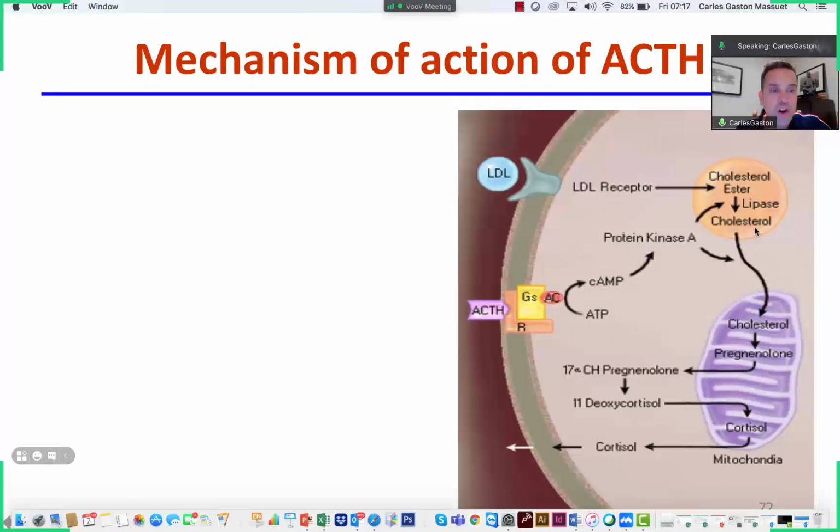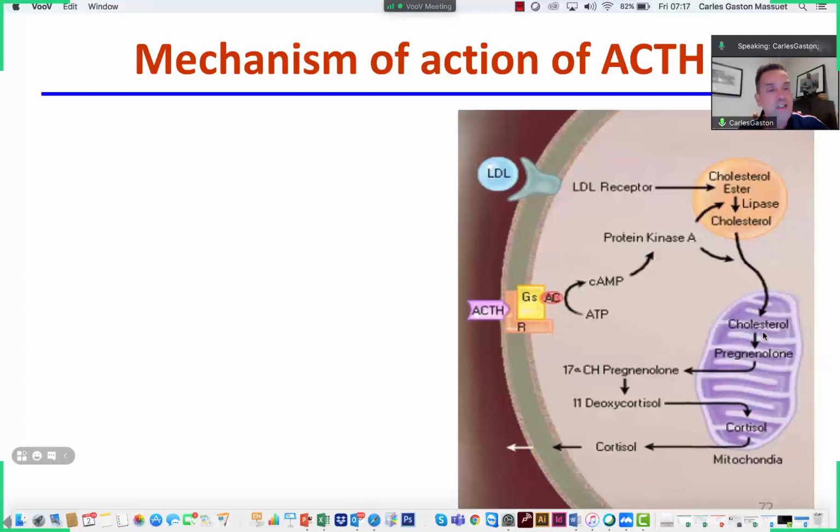The cholesterol will go into the mitochondria, right? And obviously the mitochondria has two proteins which we studied yesterday, for the cholesterol to go in, right? Remember the transport protein and the StAR, okay?